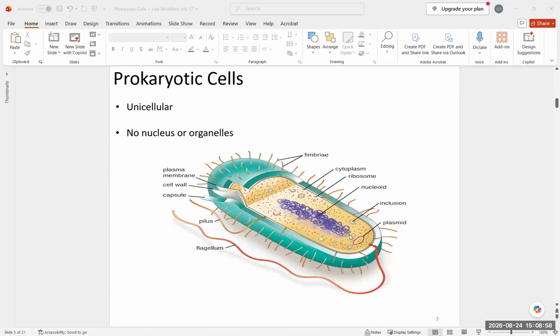There are no organelles, there is no nucleus inside this cell. And we're going to go into more detail on the external and internal components of prokaryotic cells in later videos. So for now, I just want you to take a look and kind of admire how it is simple yet kind of complex, right? There are lots of components to these prokaryotic cells. And like I said, we're going to dive deeper into those soon.